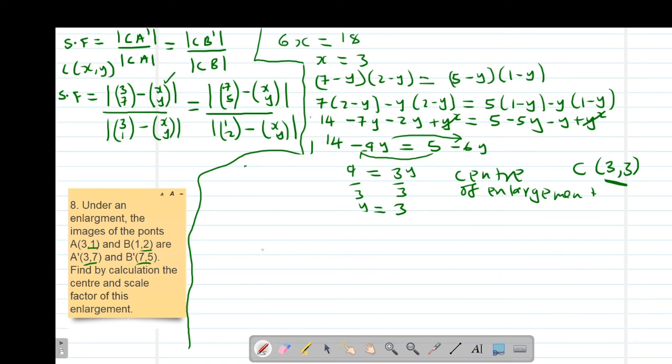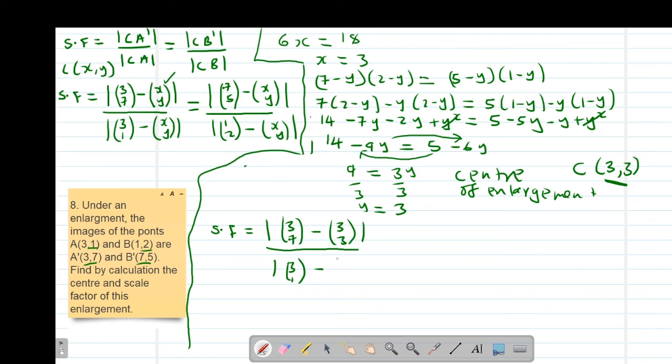Let me use this. So the scale factor should be equal to the magnitude of (3, 7) minus (x, y). So x and y will be 3, 3 because our center is (3, 3). The magnitude of that, then divided by the magnitude of (3, 1). Remember, I'm using this.